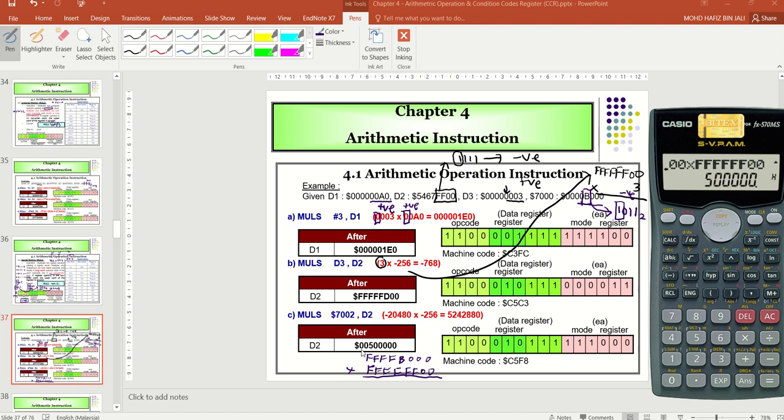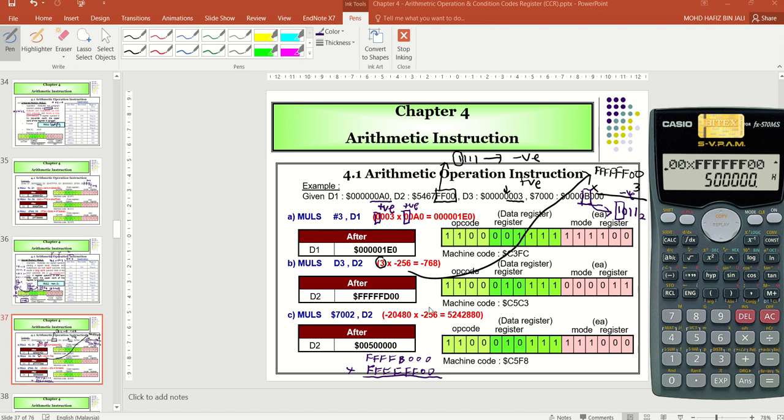For the rest you just put a 0 in the MSB, so that it becomes a long word. Okay, that is the example for the mul s.